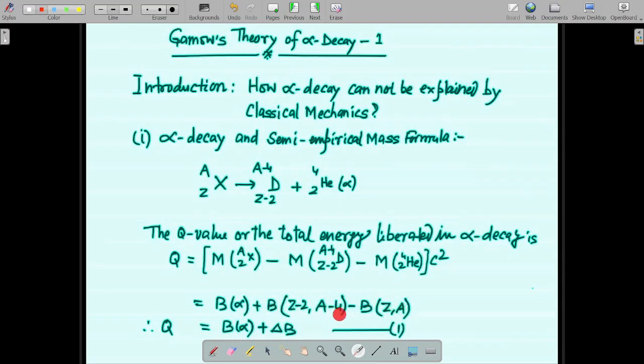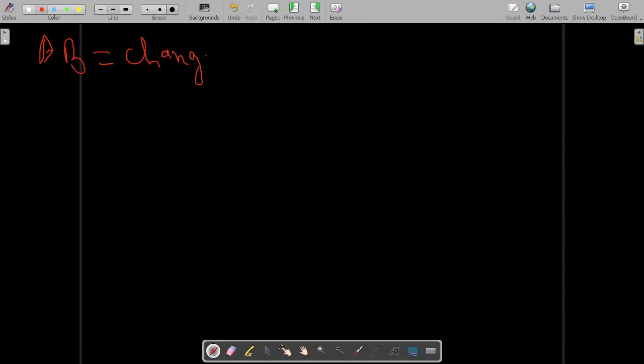So the change in binding energy will be what you get when you subtract the binding energy of the parent nucleus from that of the daughter nucleus. This is the binding energy of the daughter nucleus, right? So from the daughter nucleus, when you subtract the binding energy of the parent nucleus, you will get the change in binding energy. Let us write delta B. Delta B is equal to what? It is the change in binding energy.